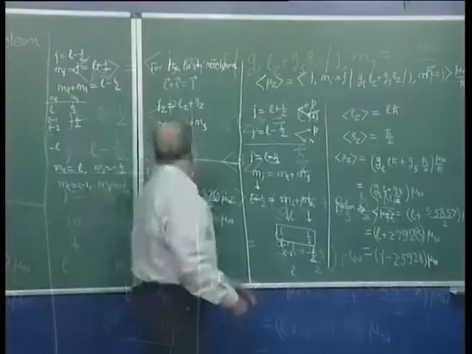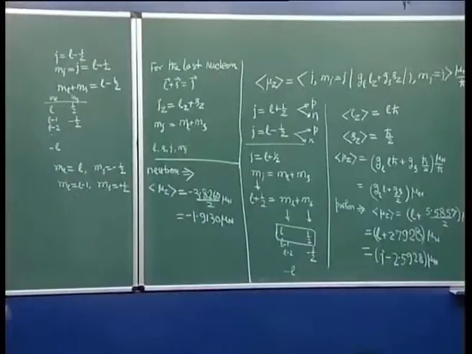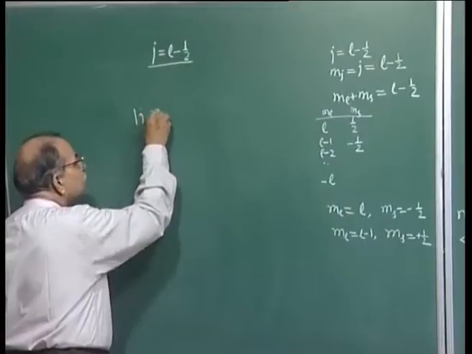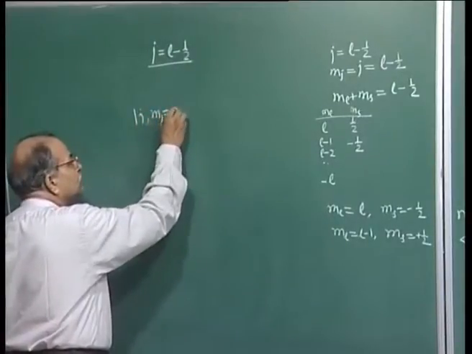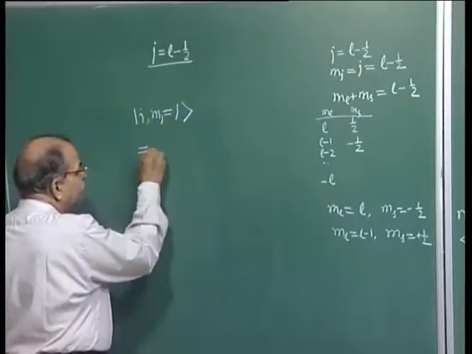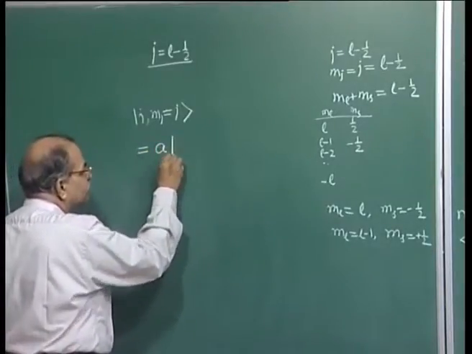Now, this wave function j, mj equal to j will be a combination of two wave functions.